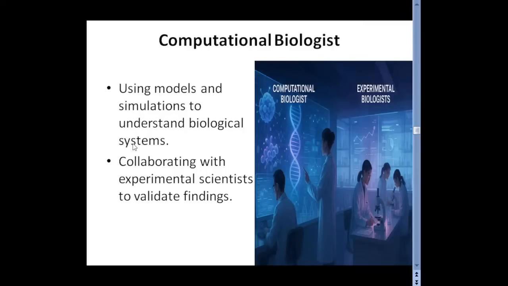And from what you can see on the screen, there is a side for experimental biologists. They are the ones involved in complex wet lab systems. So they deal with different equipment, they deal with the analysis of their data and the like. But the computational biologists cannot function without experimental biology.